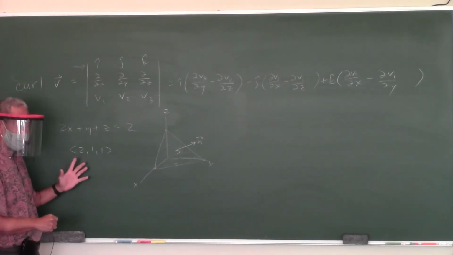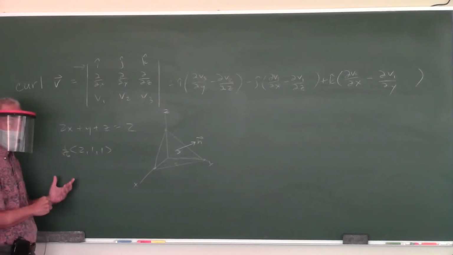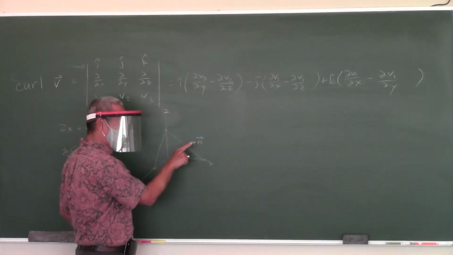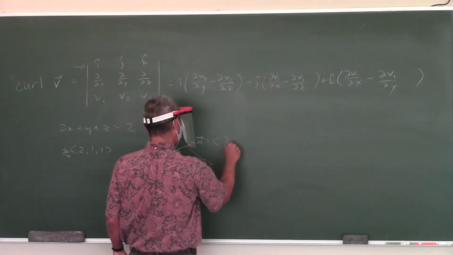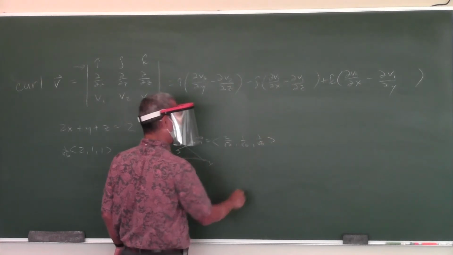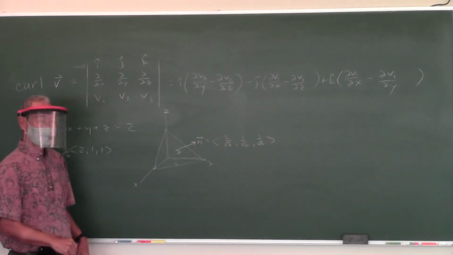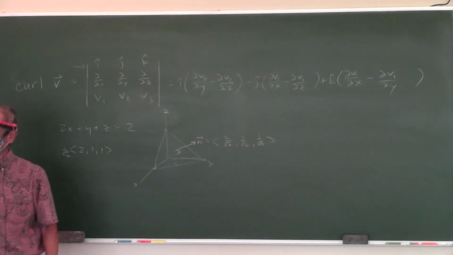Root 6. So if you multiply by that, that'll become a unit vector. So the upper unit normal would be 2 over root 6, 1 over root 6, 1 over root 6. Upper because it's pointing upward.